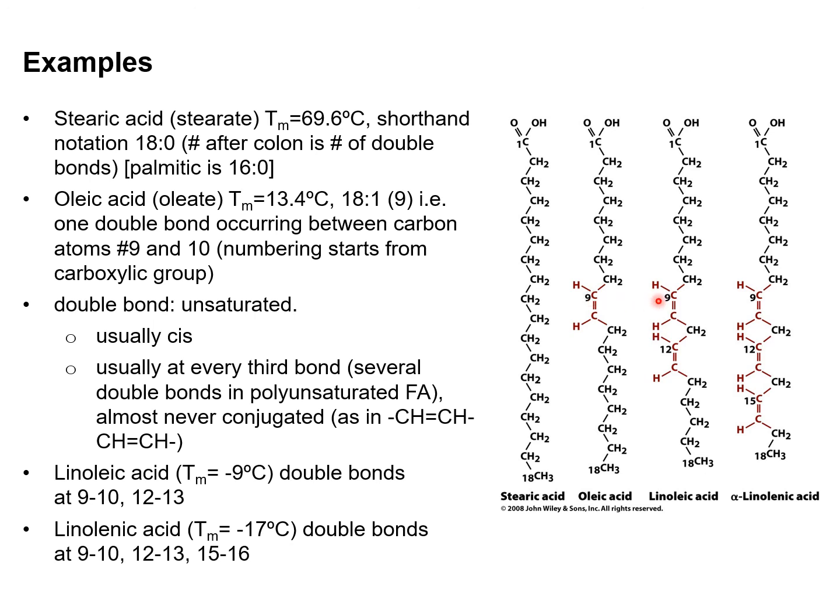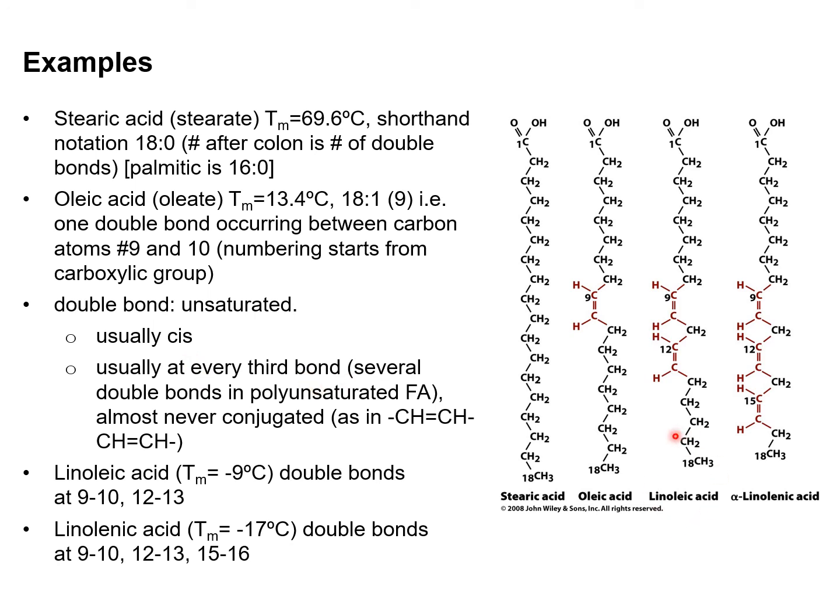So 9, and the next one is 12, and the next one will be 15, and so on. And so in polyunsaturated fatty acids, you're going to see a lot of double bonds, but again following mostly these two rules. But almost never are they conjugated, meaning a single bond, double bond, single bond, and double bond kind of form. It's going to be usually at every third bond.